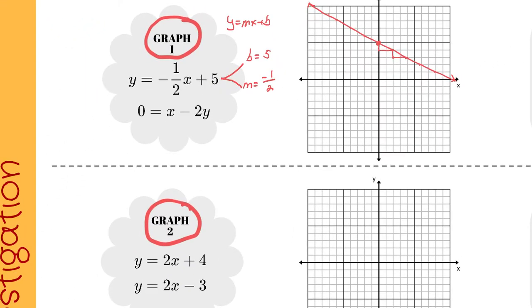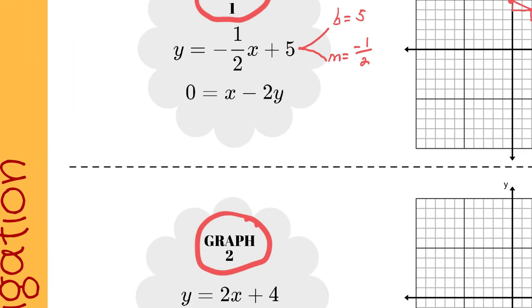All right, my second equation is not in the right form, so I'm just going to manipulate it a little bit. Take the y and push it to the left. The negative becomes positive. And now to isolate that y, divide both sides by 2. The 2's cancel out and become 1.